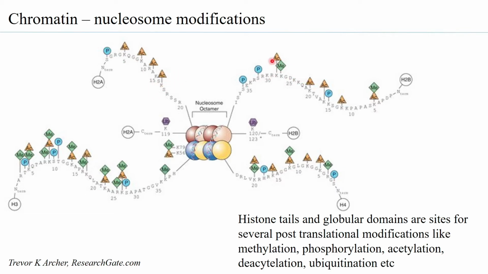Suppose you have a methyl group added, then the addition of the methyl group will make it a different histone code. So depending on the different modifications that happen at the histone tail, you have one specific sequence or set of modifications giving rise to what is called a histone code.